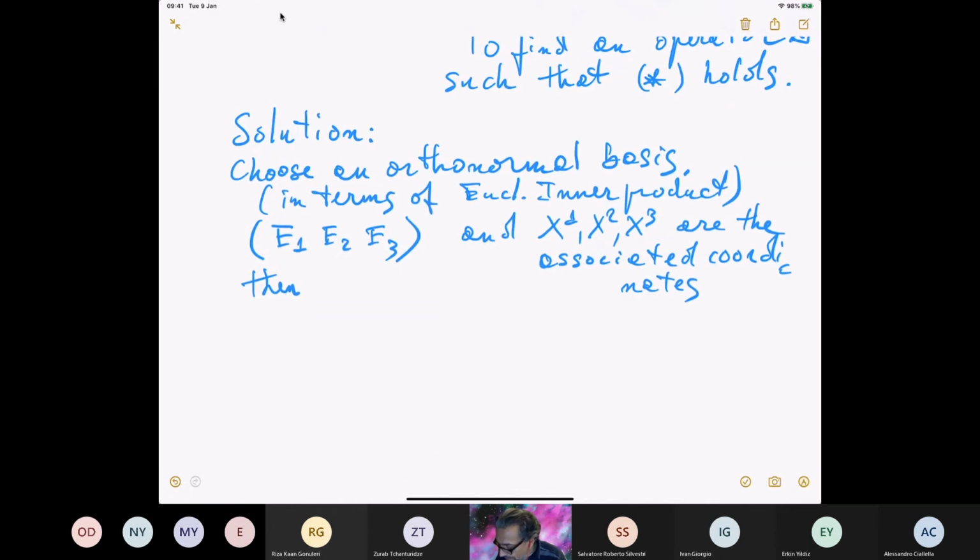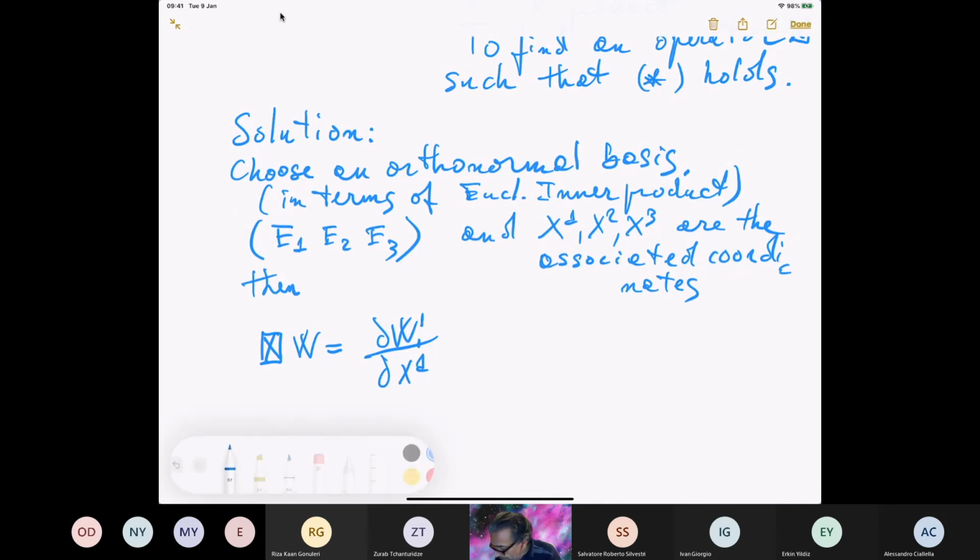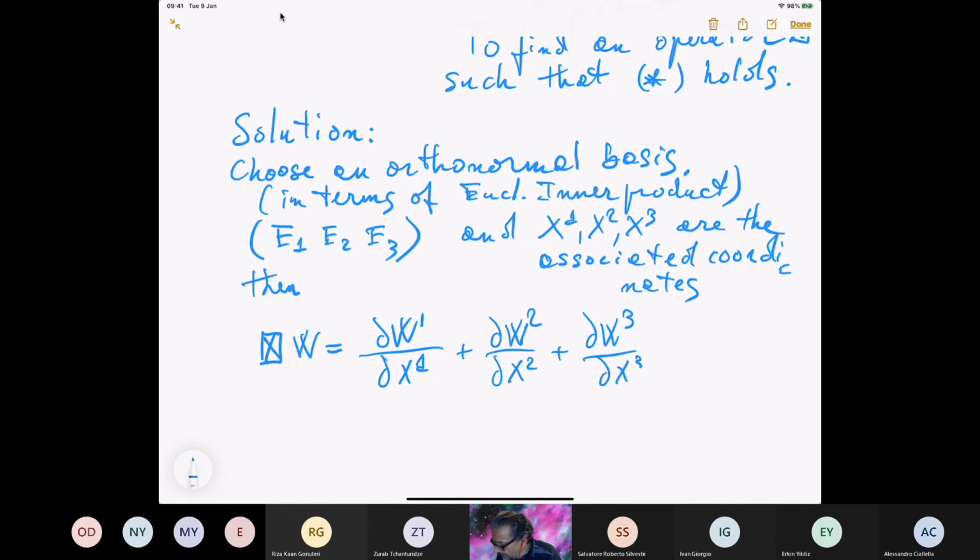Then this operator applied to W is equal to dW1 over dx1 plus dW2 over dx2 plus dW3 over dx3.